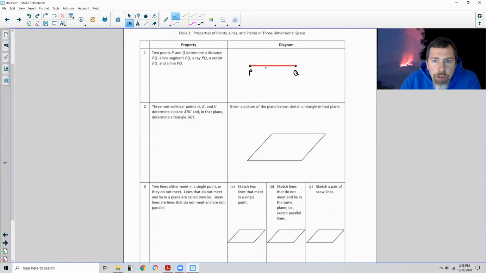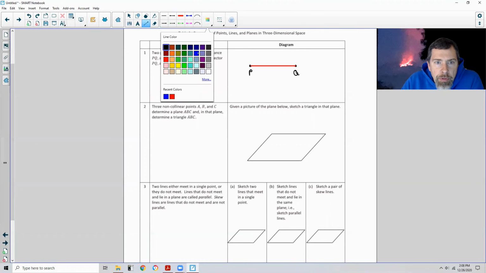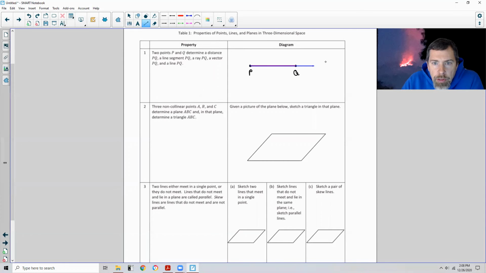All right. So there's segment PQ. Or I could draw a ray PQ. Let's do that in blue. So you can still see the red segment behind it. There's the ray PQ. That means it goes on forever, indefinitely, one direction from P going through Q. So P is the starting point.